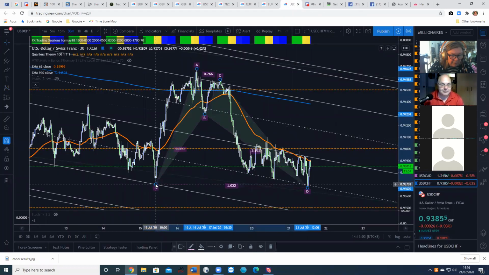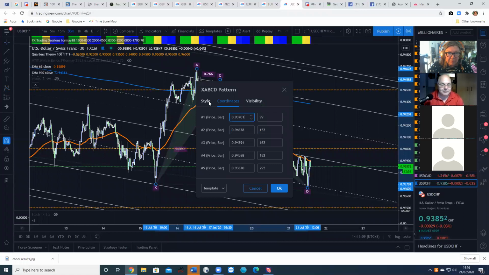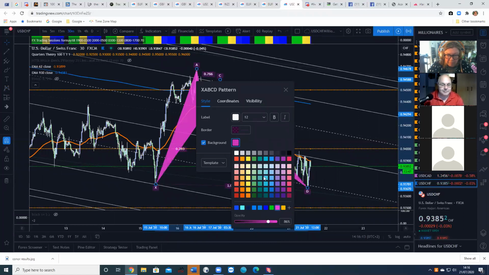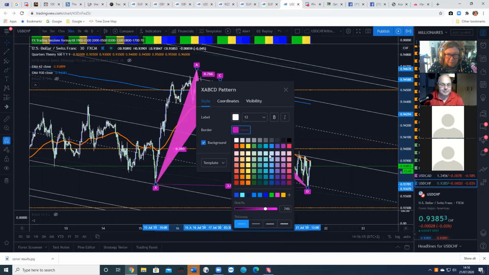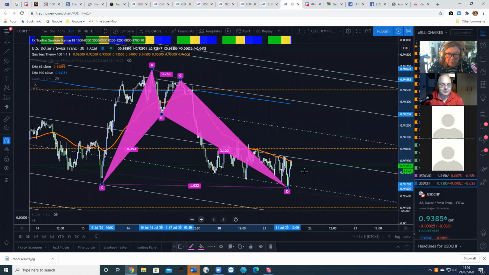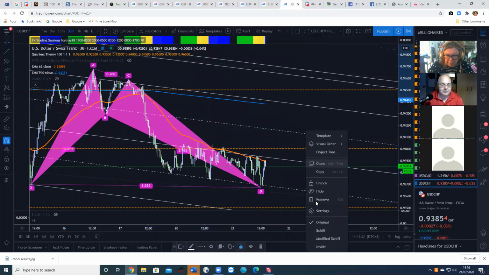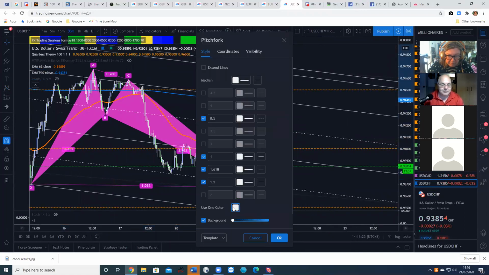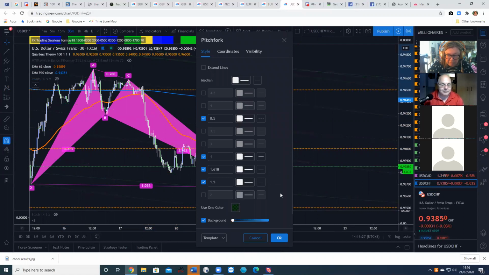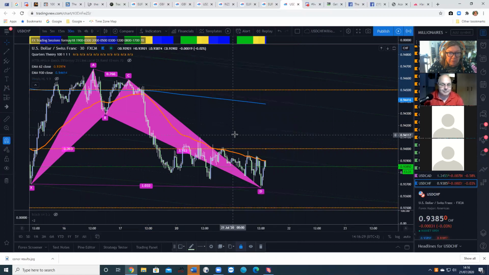And I like to put mine all in same colors. So I'll just change mine. And I'll fade out that old one. Put it in green or purple, that's what I do. Just keep it faintly in the background.